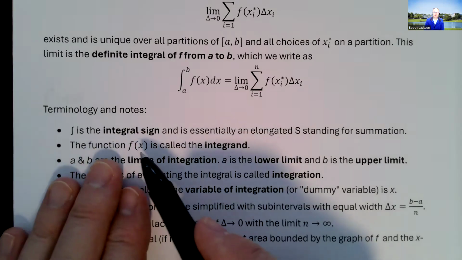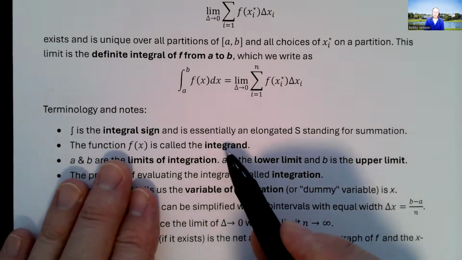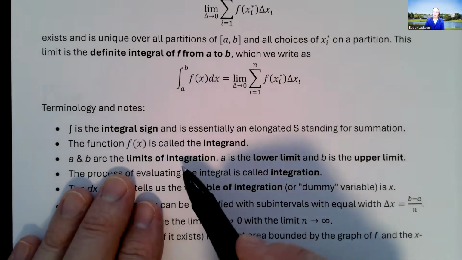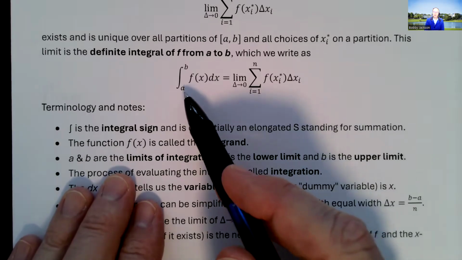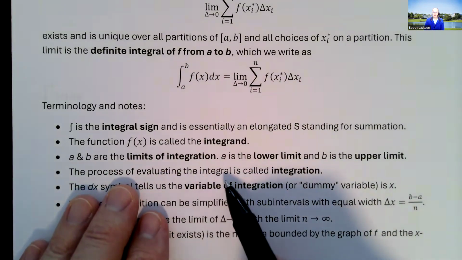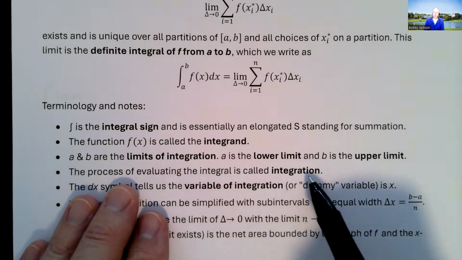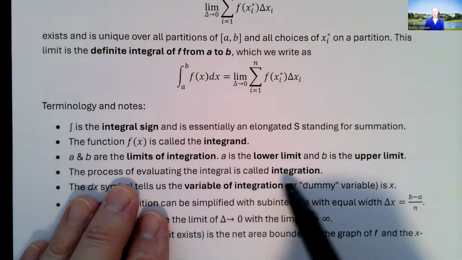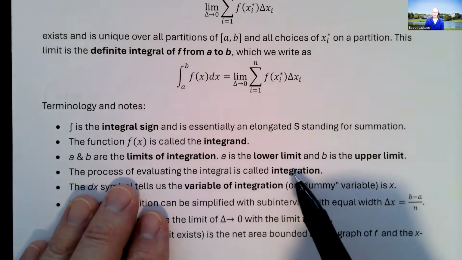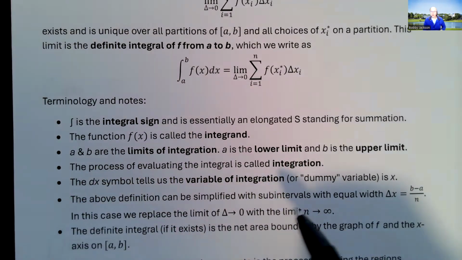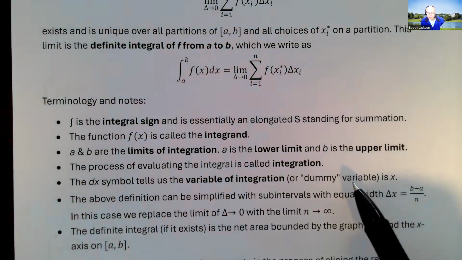The function f of x, again, is called the integrand, right? A and b, as I said, are the limits of integration. A is the lower limit, and b is the upper limit. That makes sense. The process of evaluating the integral is called integration. Now, we talked about integration being the word we use for finding the antiderivative. And again, you'll see why that's the case when we get to the fundamental theorem of calculus. Now, the dx symbol tells us the variable of integration, or dummy variable, is x.